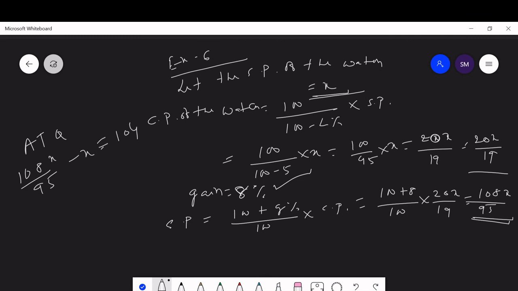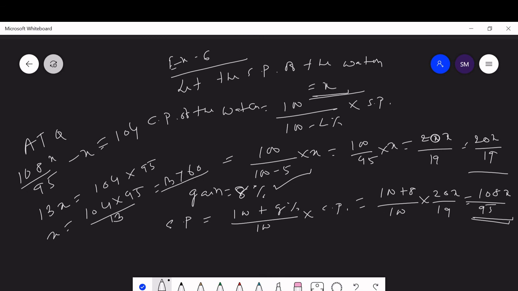Then let us solve the linear equation. By solving the linear equation, we get 13x is equal to 104 into 95. X is equal to 104 into 95 upon 13, which is equal to rupees 760.